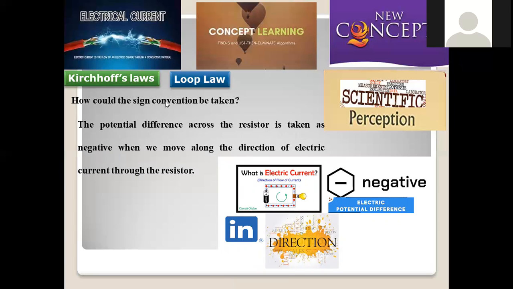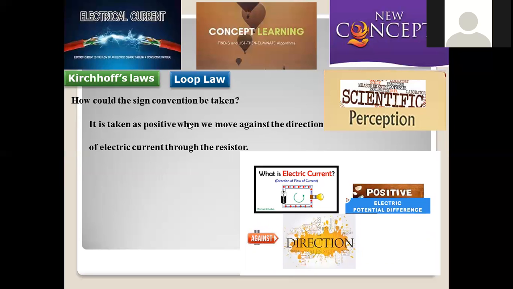can be taken as a negative sign. The potential difference of the resistor is taken as negative, moving along the direction of electrical current. If we are also moving in the counterclockwise manner, then we can assign the negative sign for the potential difference. Or vice versa can be taken. Positive EMF is assigned when we are moving away, opposite with respect to the electrical current.